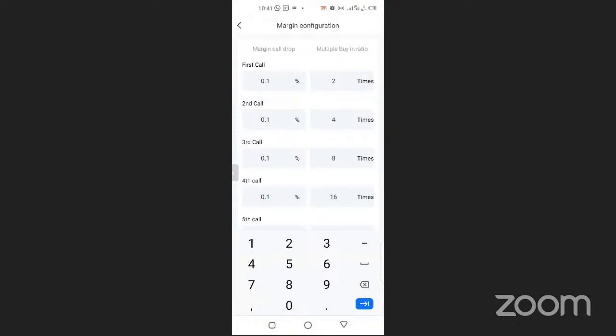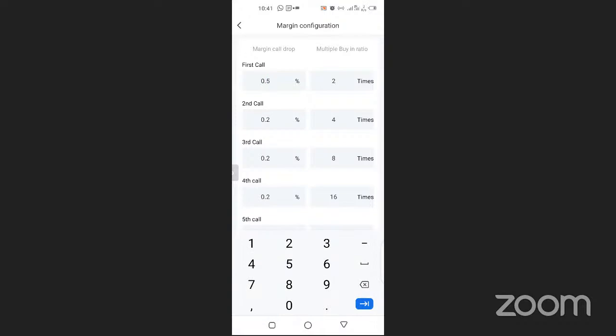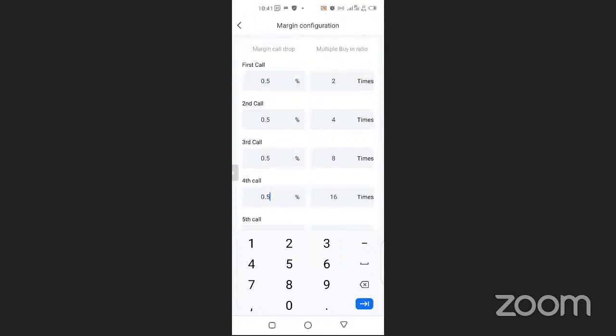Or I might increase this to 0.2 for the first four margin calls. Or I can do 0.5, 0.5, 0.5, 0.5. Now, the number of times you want the bot to buy depends on your capital.